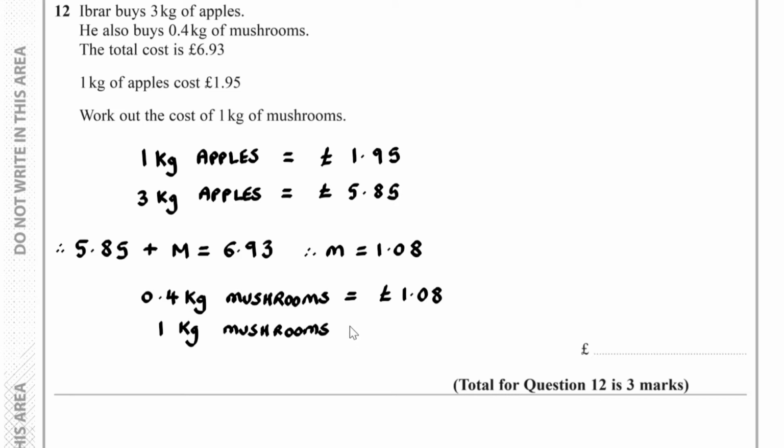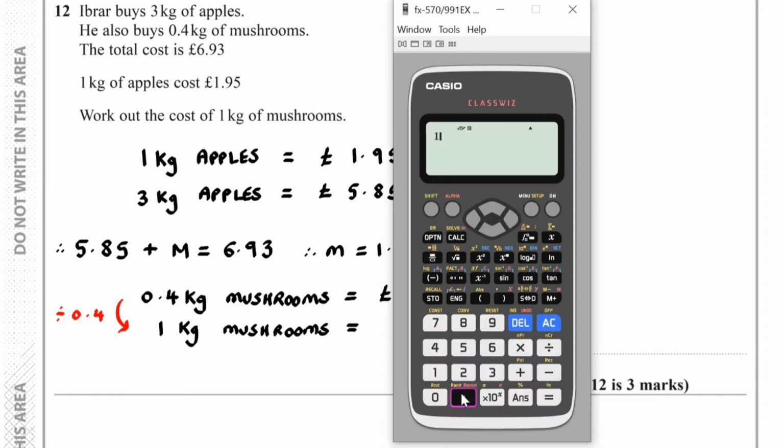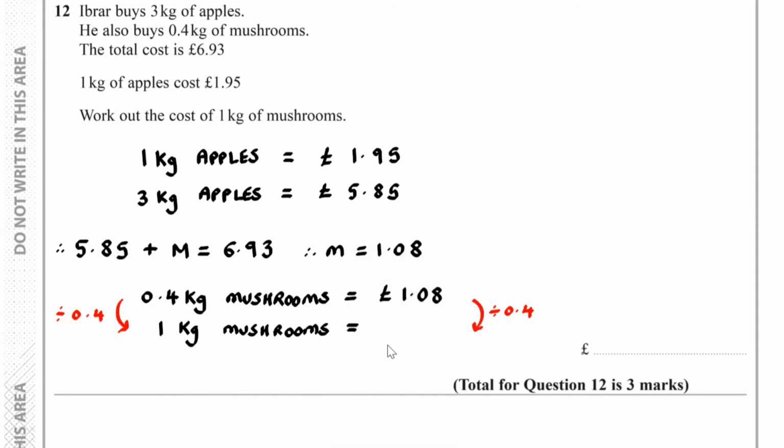And we can do this by dividing by 0.4. So if I do £1.08 divided by 0.4, we get 2.7. So 1 kilogram of mushrooms would cost £2.70.